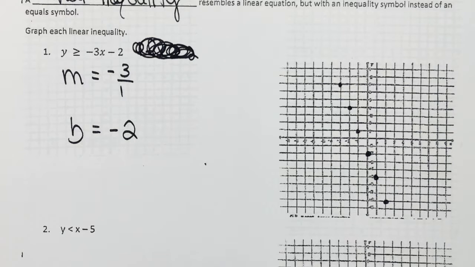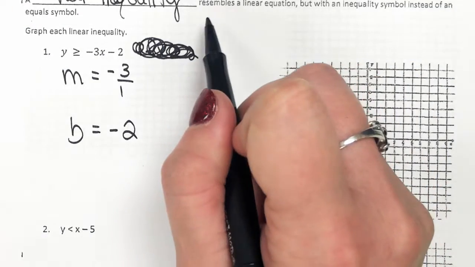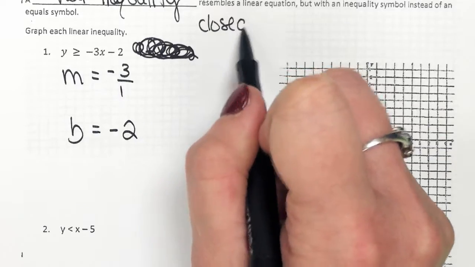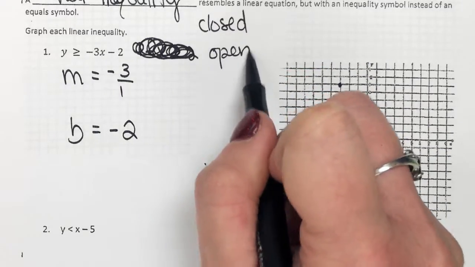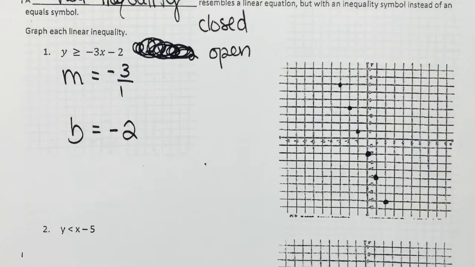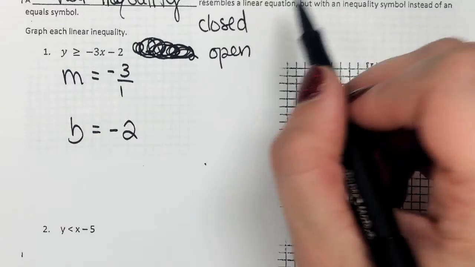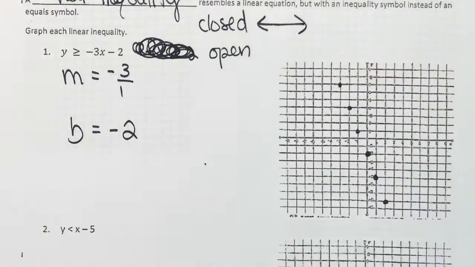Alright, so when we did piecewise, you started at a certain point, and then that point was either open or closed, right? But now the whole line is either going to be open or closed. So what do you think a closed line would look like? A straight solid line, right?